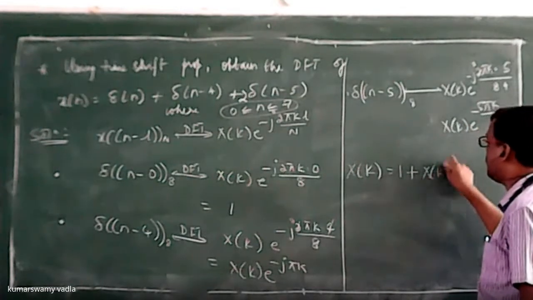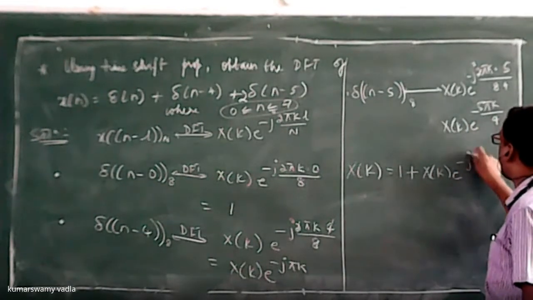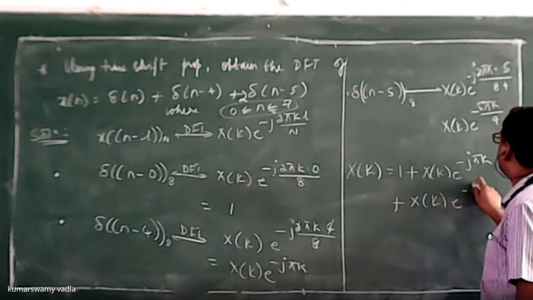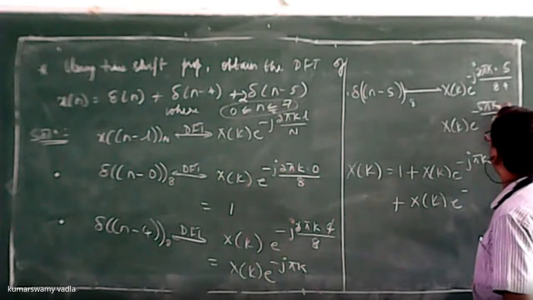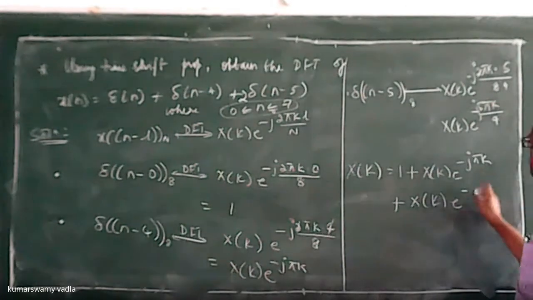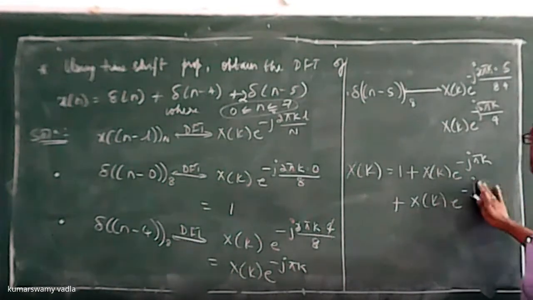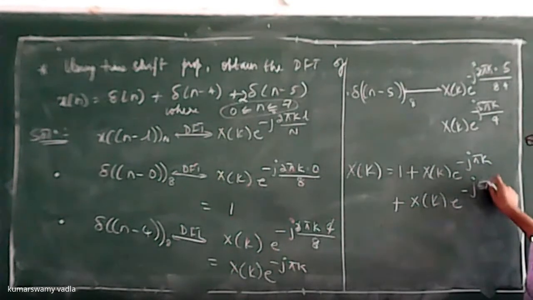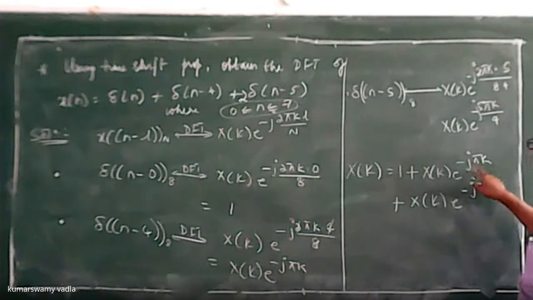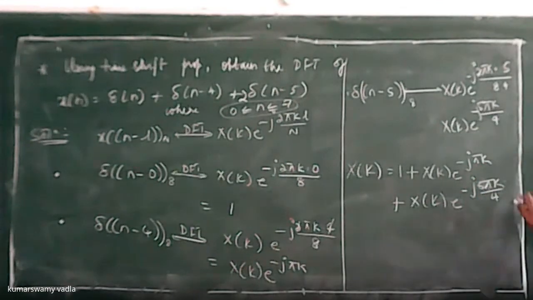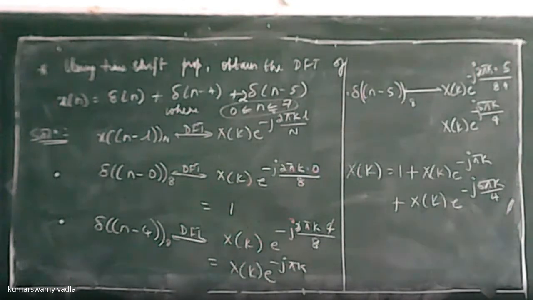X of k e power minus j pi k plus X of k e power minus j 5 pi k, divided by 4. This is just e power j pi k. Is this equation clear for everyone?